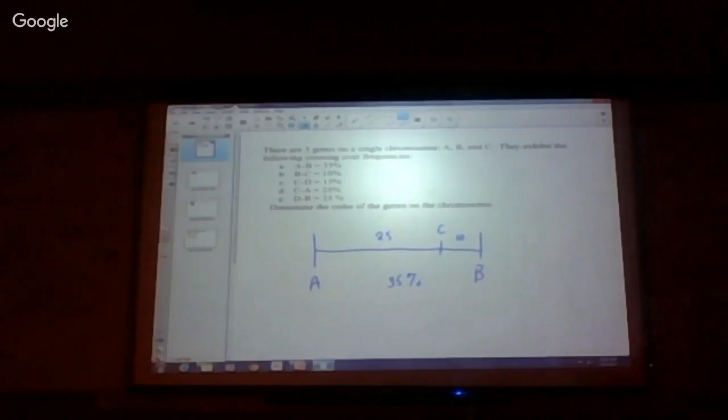So what do we need to do now? We have C and D and B left, right? So C and D is 15 map units and D and B is 25 map units. So where do I need to put D?